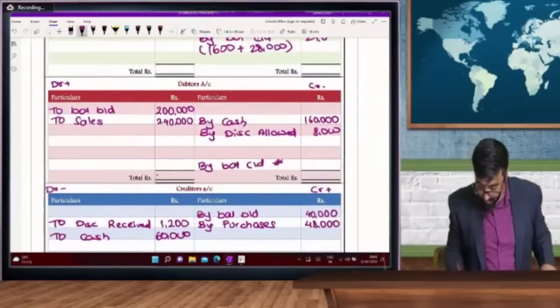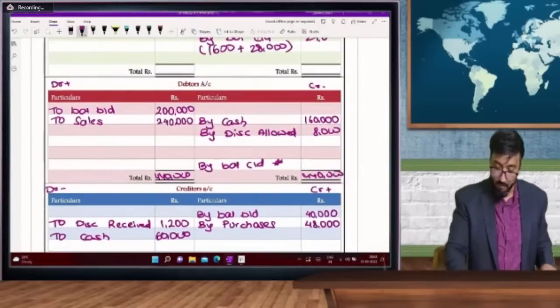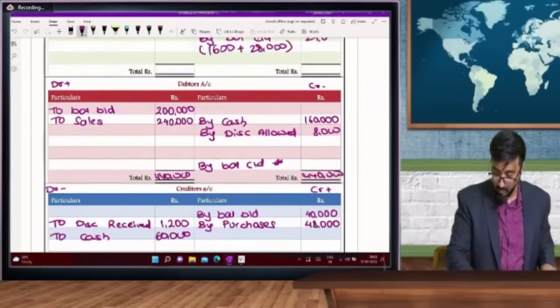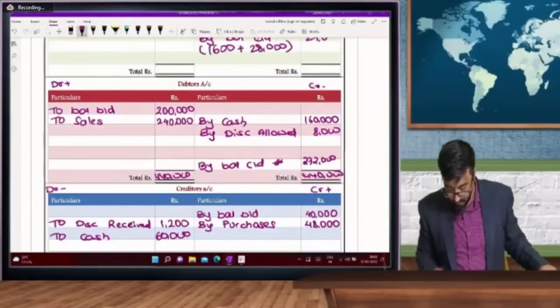By balance carried down 4,40,000. $2,72,000.